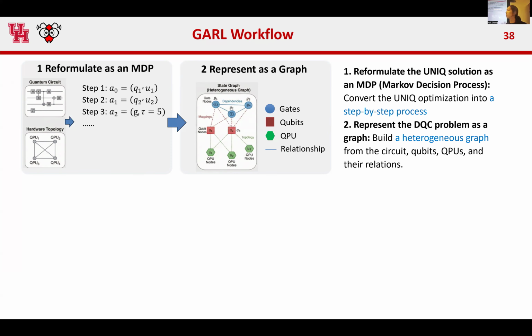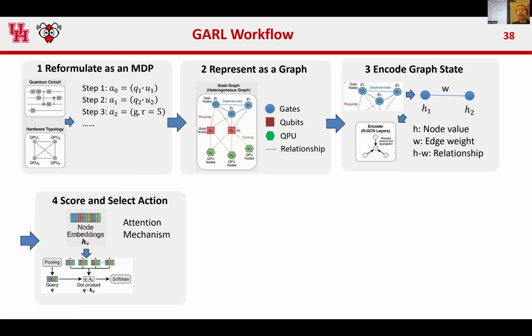We will convert the unique optimization result into a step-by-step process: step 1 is state and action, step 2 state and action, step 3 state and action. The second step is to represent the whole DQC problem as a graph. We will build a heterogeneous graph from the circuit, qubits, QPUs, and their relations.